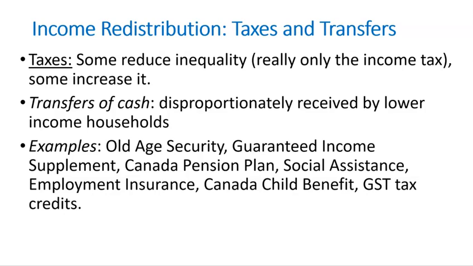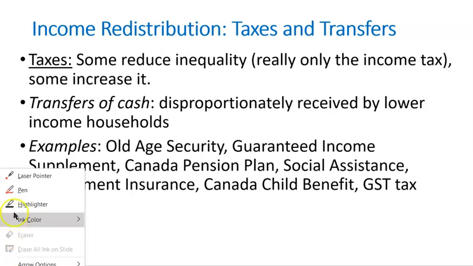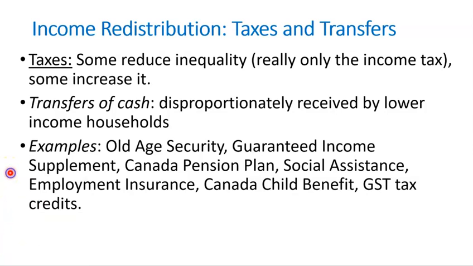Well, we've got pensions, public pensions. Old age security is something that is paid to everyone, although people with higher incomes have to pay some of that back. The guaranteed income supplement is an amount which is paid to elderly people who have otherwise very low incomes.